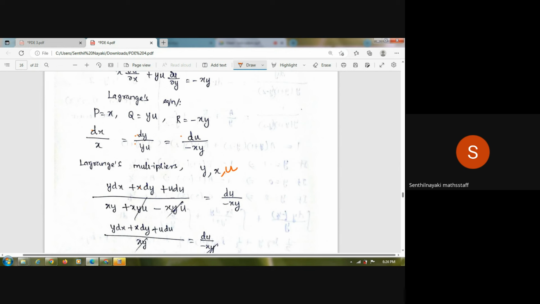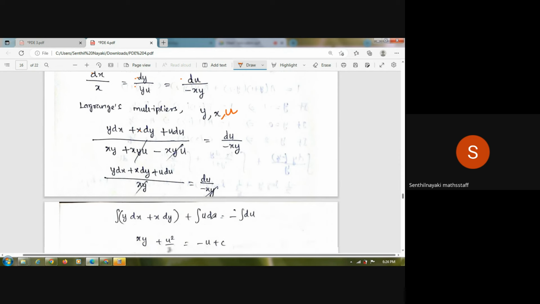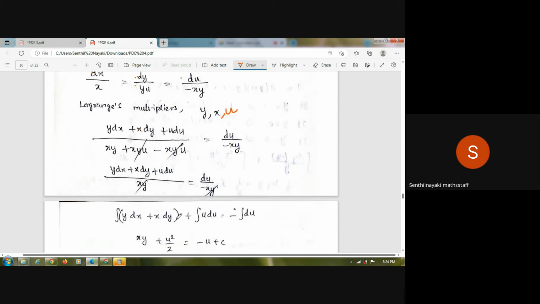These two terms get cancelled, remaining xy. For eliminating this xy also, we equate this with the third one, that is du by minus xy. Then this xy and xy get cancelled. So remaining we have y dx plus x dy plus u du equal to minus du.